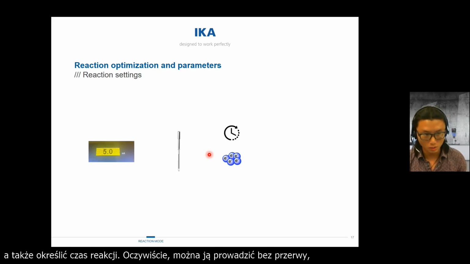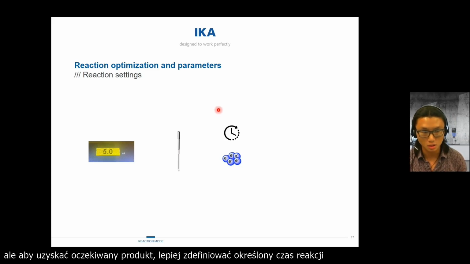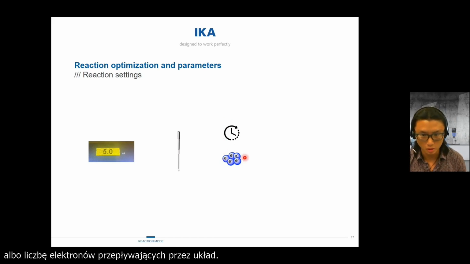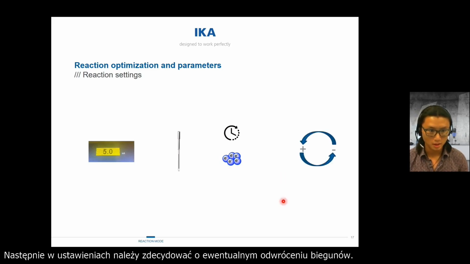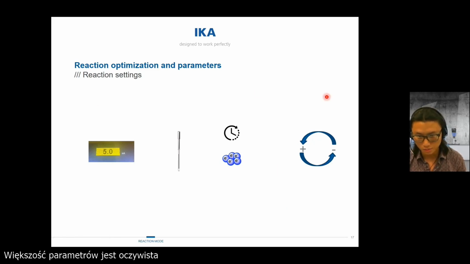You can always run it continuously, but in order to run the reaction in a certain period of time, you either define by time, or you define by the total amount of electron injected into the system. And then in the parameter settings, you will also need to decide whether you are going to alternate the polarity. So most of the parameters are very obvious.